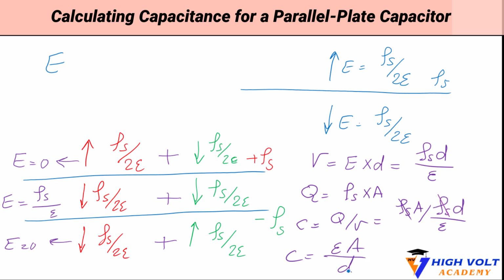As you can see, the capacitance depends only on the area of the plates, the distance between them, and the permittivity of the material, not the electric field or voltage.